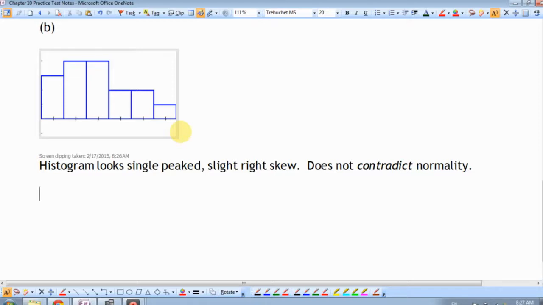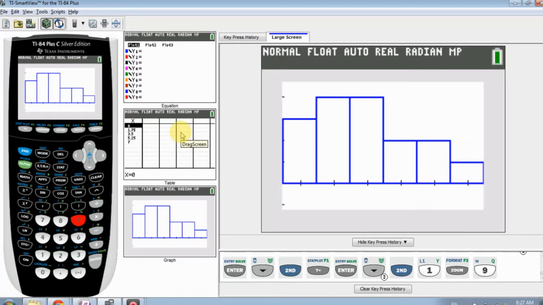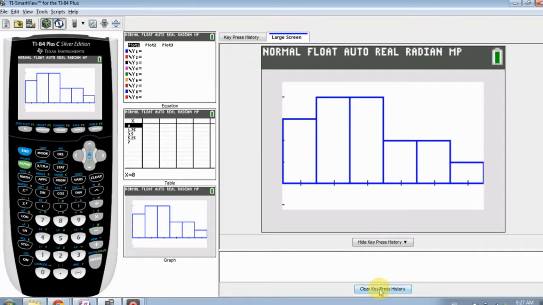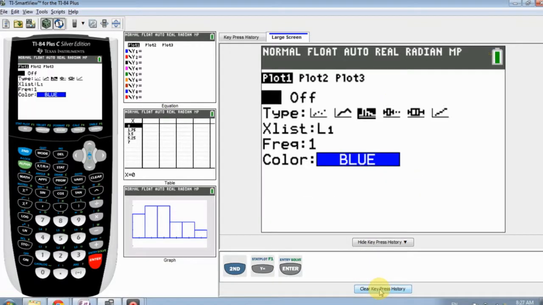Let's take a look at the next graph. Our next graph is going to be the modified box plot. So again, here we go with the modified box plot. We're going to go back to stat plot, and we're going to change it to the box plot that shows outliers.